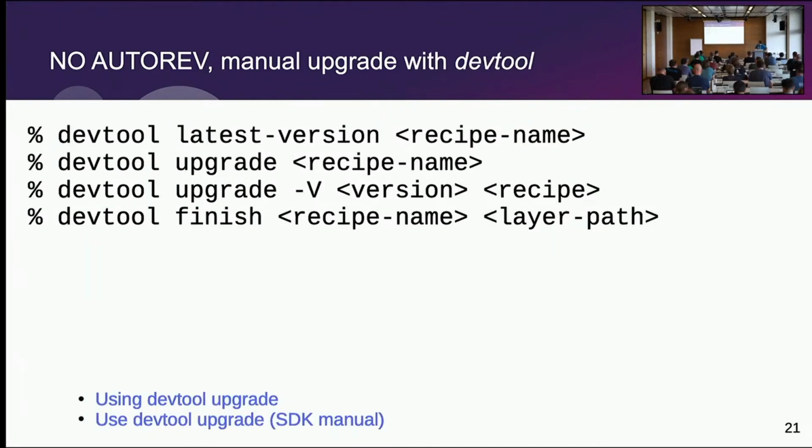Yeah, I have a slide. That's how you do it with devtool. You check the latest version of the recipe name, assuming that it follows some kind of versioning scheme. In the case of Git, I think it checks the list of tags, checking the current version of the recipe and what is accessible upstream.